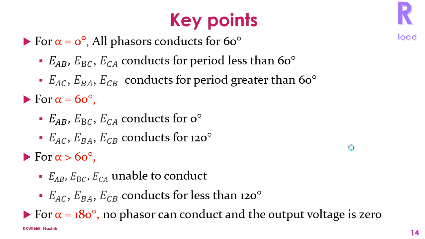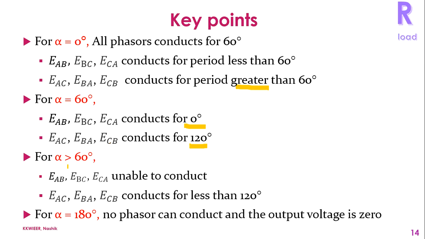EAB, EBC and ECA conduct for a period less than 60 degrees, whereas EAC, EBA and ECB conduct for a period greater than 60 degrees. In the case of alpha equal to 60 degrees, EAB, EBC and ECA conduct for 0 degrees, but EAC, EBA and ECB conduct for 120 degrees.